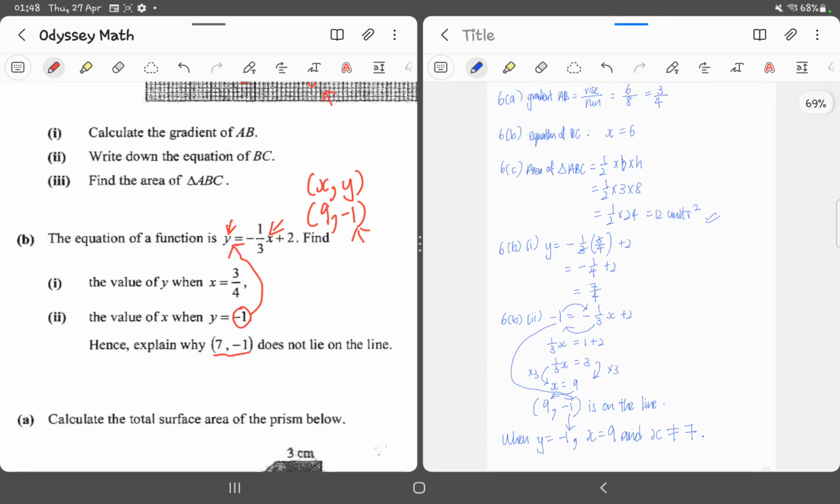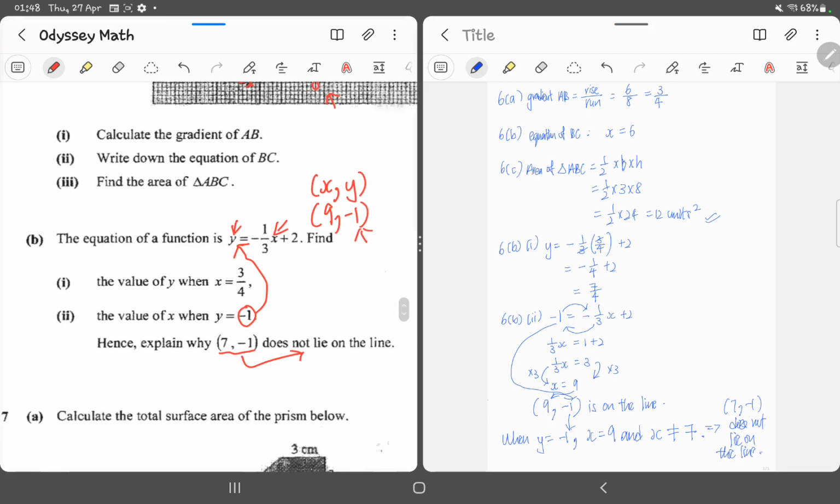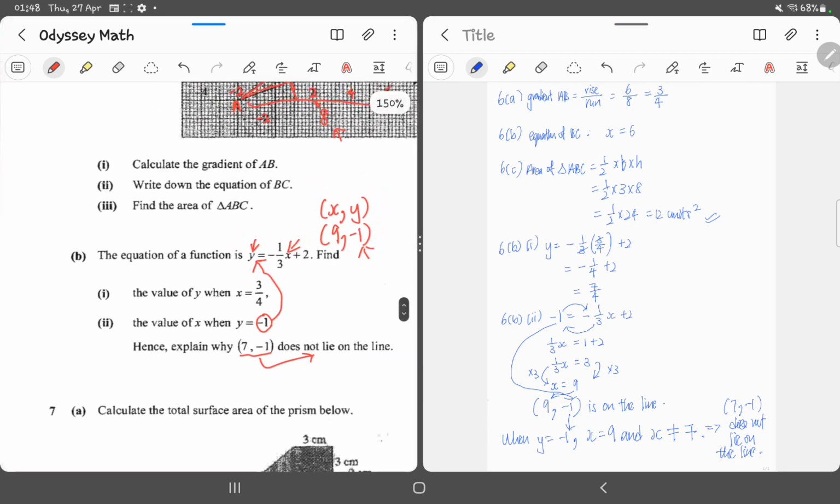That is why (7, -1) does not lie on the line. So that's pretty much it for question number 6, b part 2.